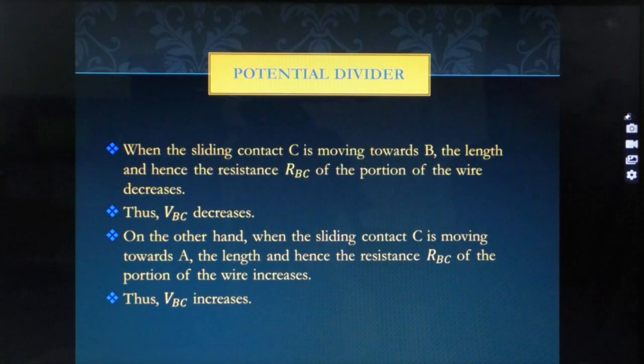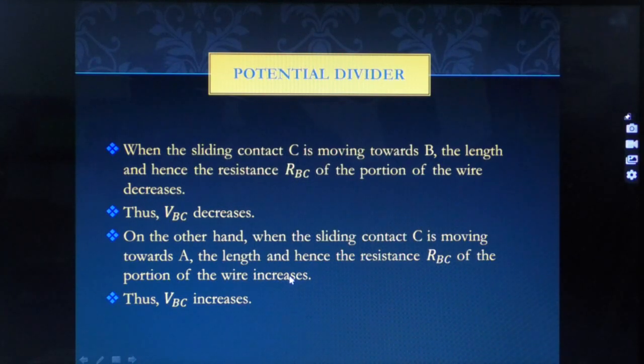When the sliding contact C is moving towards B, the length and hence the resistance RBC of the portion of the wire decreases. So when length decreases, then what happens? Thus VBC also decreases. On the other hand, when the sliding contact C is moving towards A, the length and hence the resistance RBC of the portion of the wire increases.